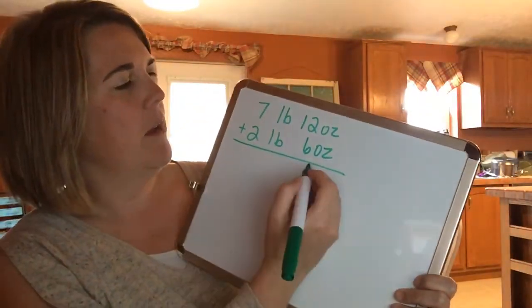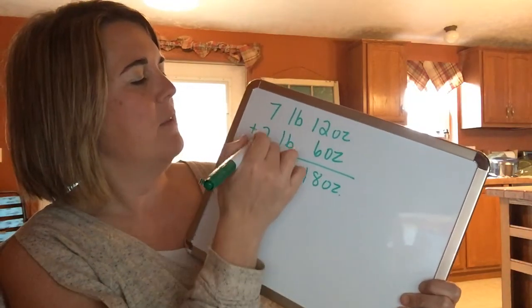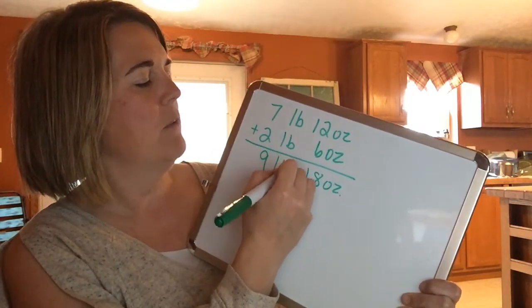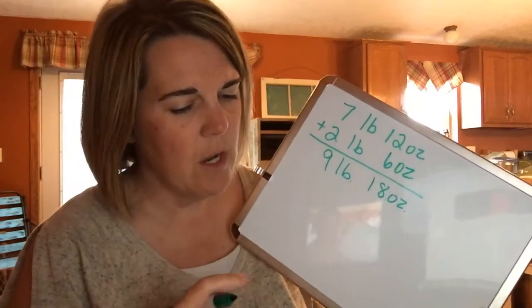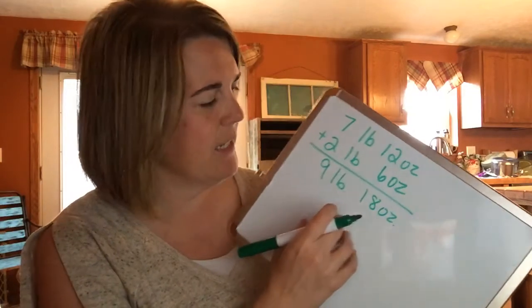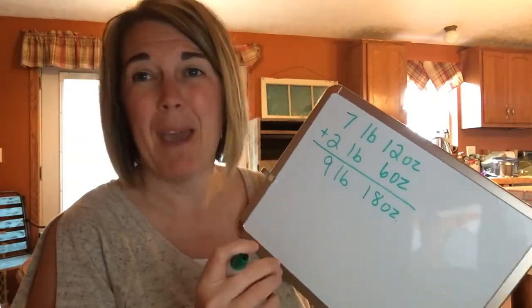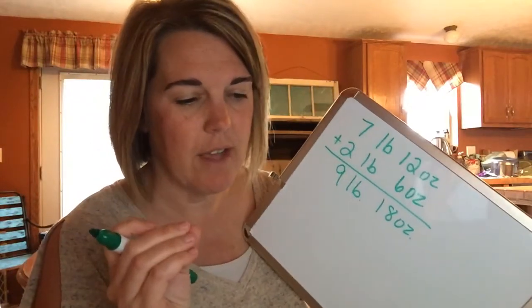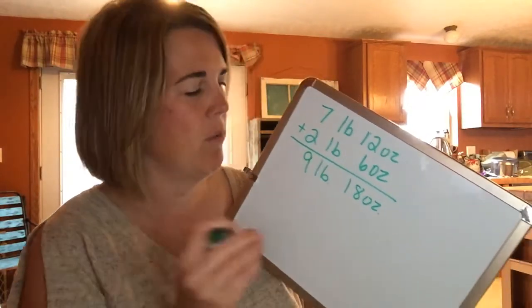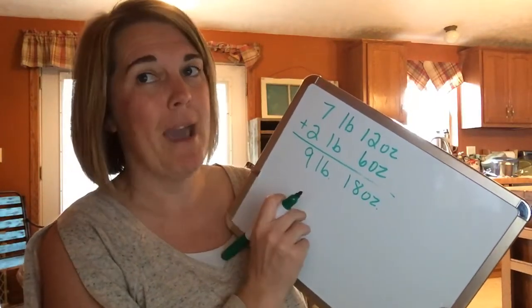So this would be 18 ounces and this would be 9 pounds. When we have 18 ounces, we have gone over 1 pound because we just learned that there are 16 ounces in 1 pound. So we have to convert this 18 ounces into pounds and ounces.